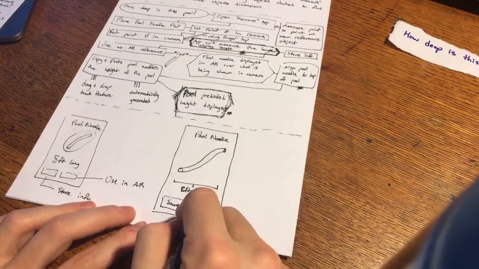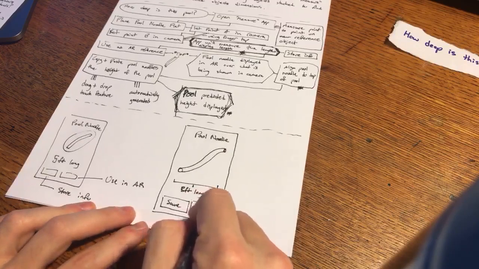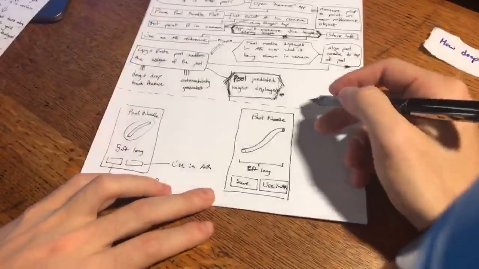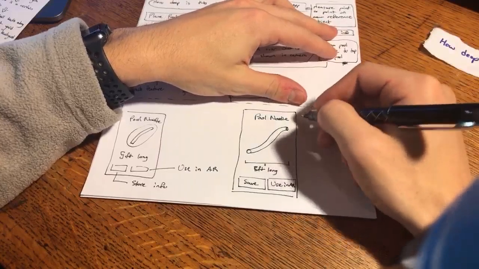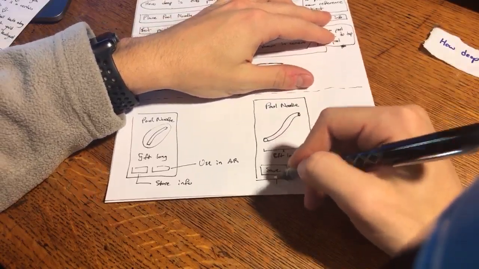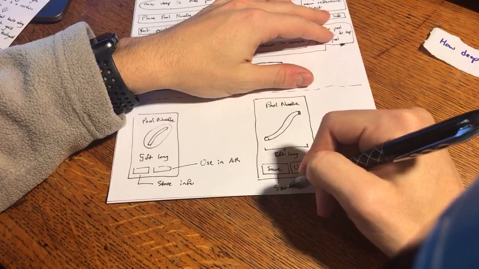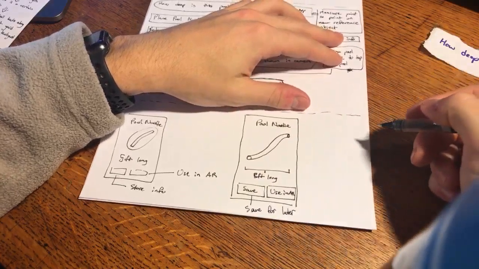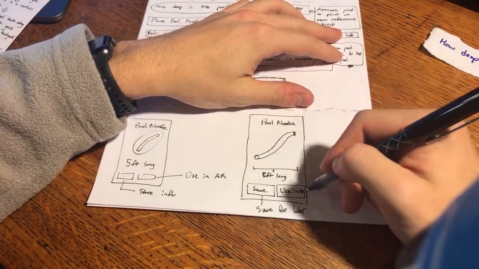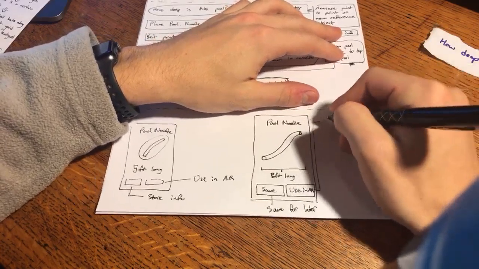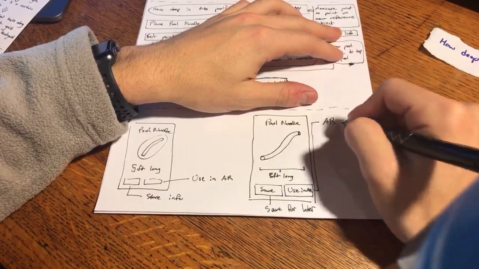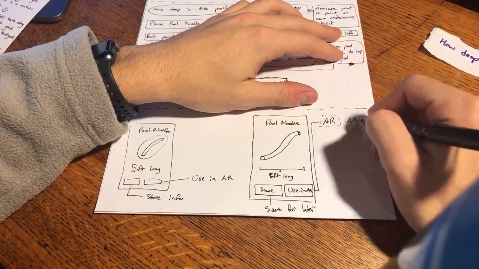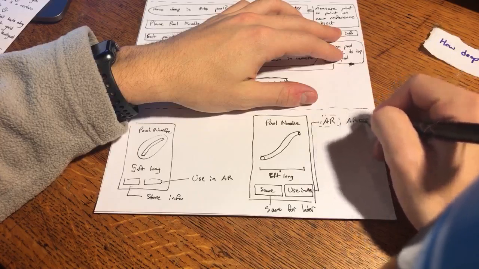Save or using AR. Maybe instead of using AR and save, we go with like, well, I like save, or, save for later. But for using AR, this needs to be done somewhere else. We could just have like AR. We could have AR and then like have camera icon.